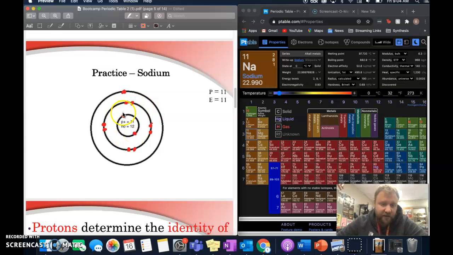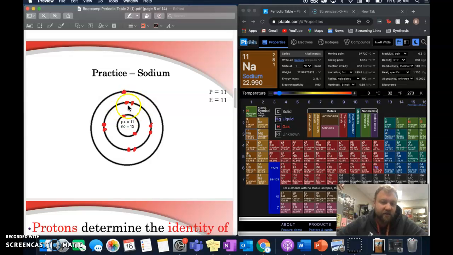The first 2 go on my first energy level. So that's filled up. Once it's filled up, we go to the second energy level. And if you notice, when we have these electrons, we always put them in pairs. Later in the semester, I might bring up why they go in pairs, but you don't really need to know why, and it won't be tested, but I will go over it eventually.